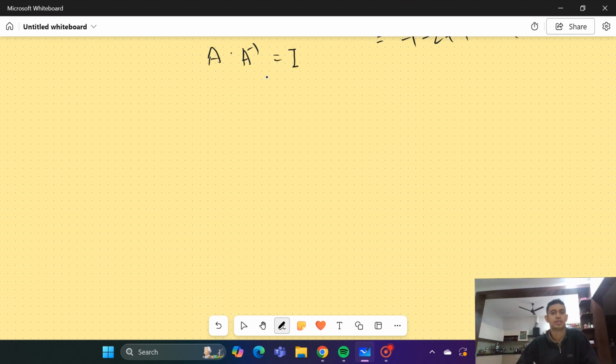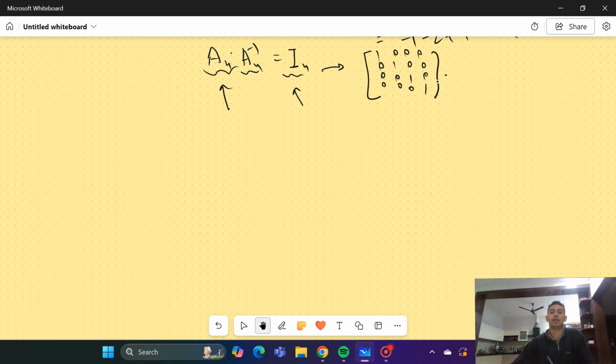We're starting with a four-dimensional one in this case, so let's make this example more concrete. This is a four-dimensional A and a four-dimensional identity matrix. We know what a four-dimensional identity matrix looks like: 1, 0, 0, 0, 0, 1, 0, 0, 0, 0, 1, 0, 0, 0, 0, 1.